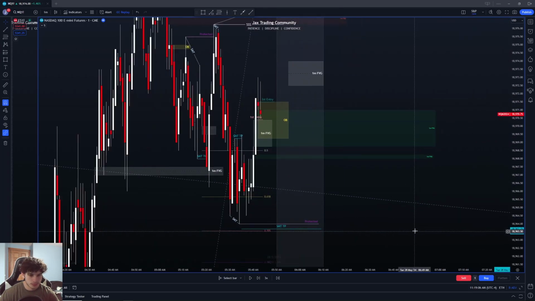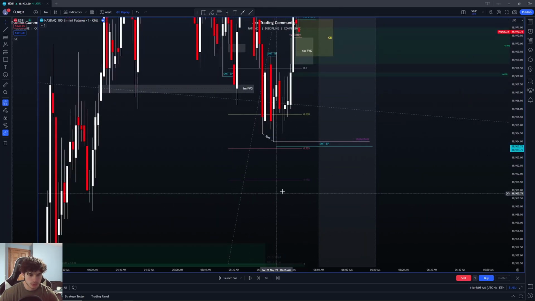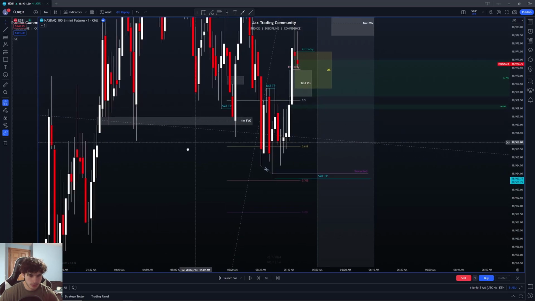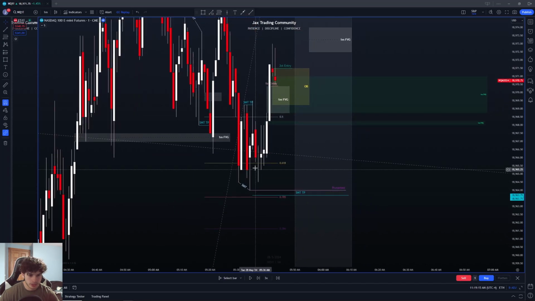So right here, this is all OTE range. This is kind of the middle of OTE. This is where golden ratio starts. You can see we come here, we wick this bottom part a lot, create SMT, get nice displacement up.